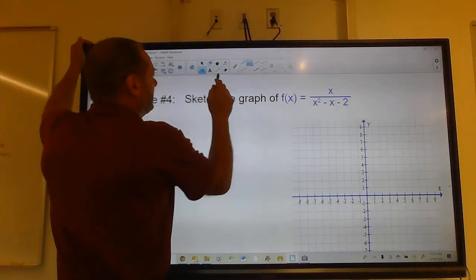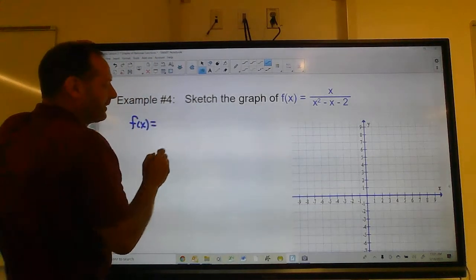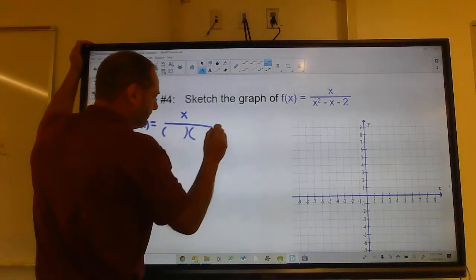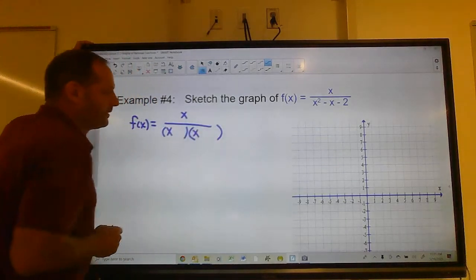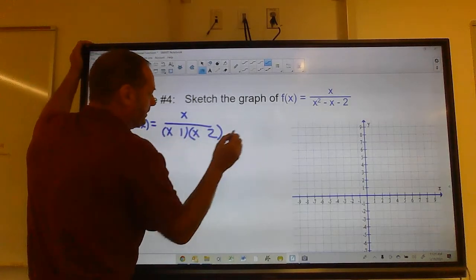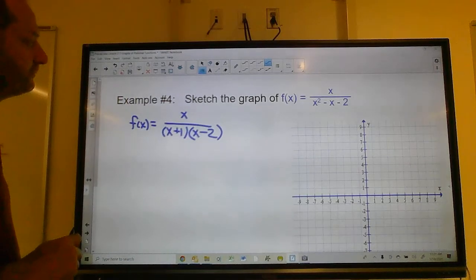So let's take this thing, f of x, and we're going to factor it. Now the numerator I don't have to do anything to, but the denominator, factors of 2 are 2 and 1, and I want negative 1 in the middle, so it's going to be x minus 2 and x plus 1.